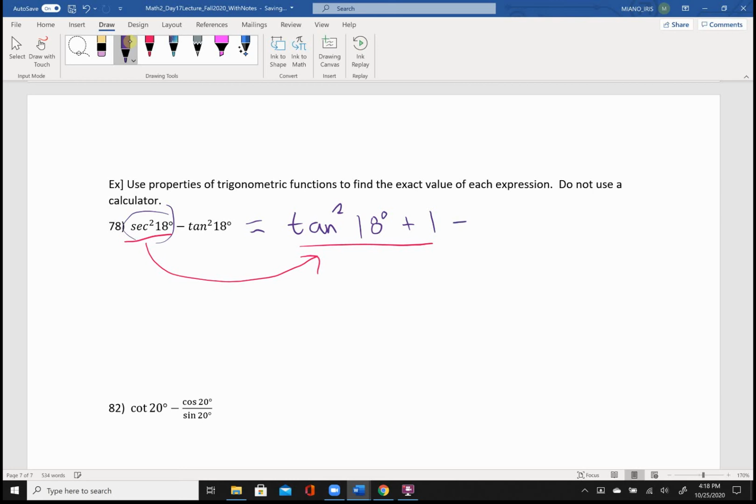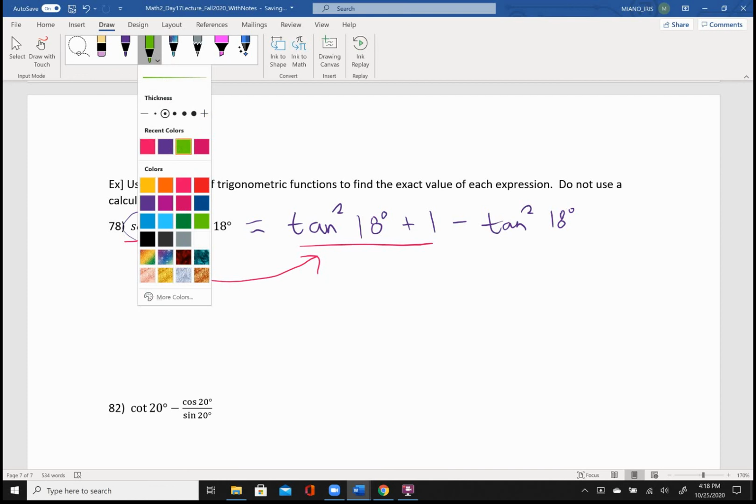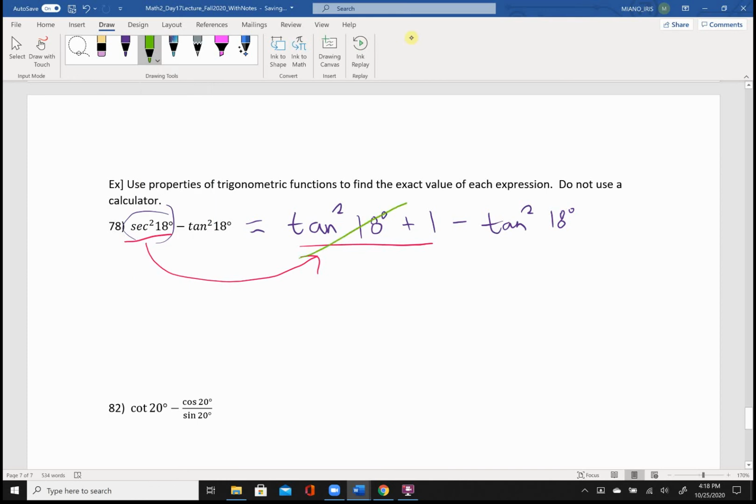And then, of course, we're still subtracting off tangent squared of 18 degrees. But notice that this and this cancel out, don't they? Yep. So I'm going to do the canceling, I guess, in green for no particular reason. Boop, boop. And then we're just left with 1. Isn't that fun? So therefore, the final answer here is 1.